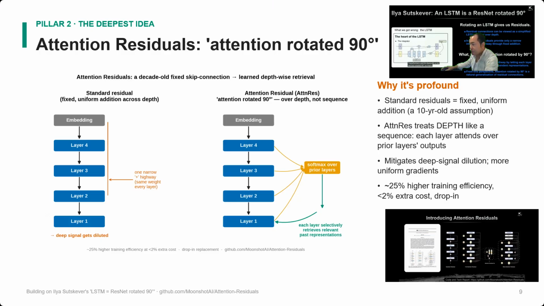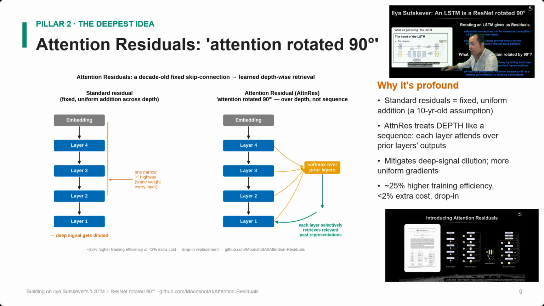That's the key issue, a single narrow information highway, which is where the dilution comes from. Attention Residuals rephrase this problem beautifully in Kimi's report, and it builds on the insight that LSTM is a residual rotated by 90 degrees. So residuals are essentially an LSTM unrolled over depth.